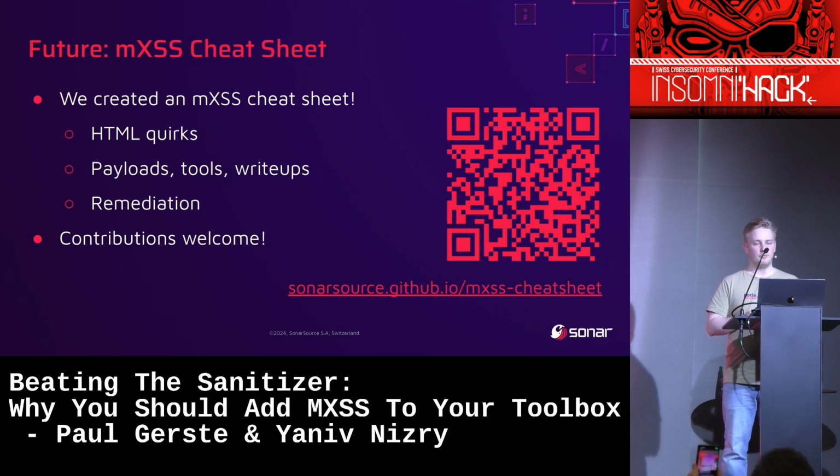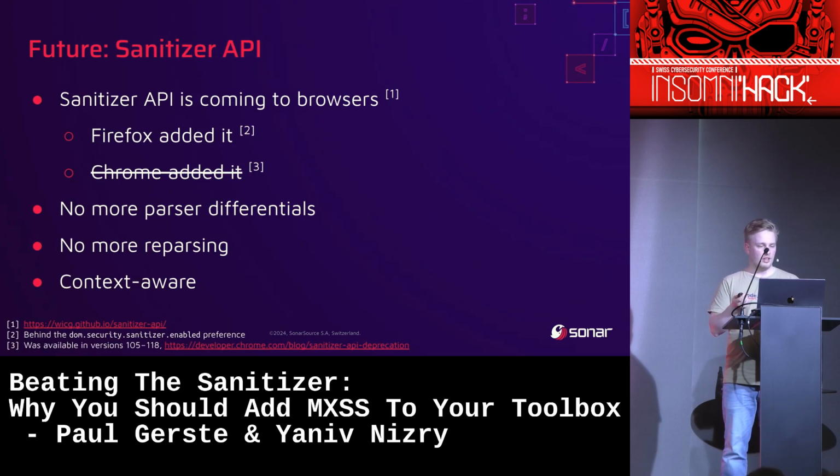We also have payloads that led to bypasses in the past, and tools and write-ups and links, and also the credits of the researchers that found them, and also a bit about remediation. So you can go there and it's hopefully your one-stop shop. And if something's missing, then please contribute. It's on GitHub, so we can make the cheat sheet even nicer to elevate the mXSS research for the community, so you can find more bypasses and at the same time make sanitizers more secure.